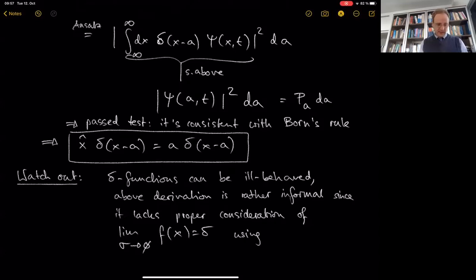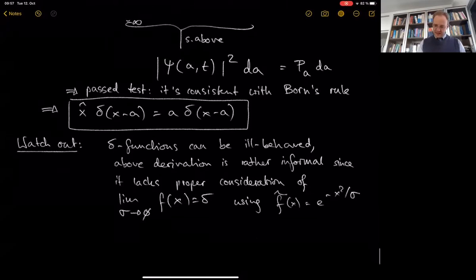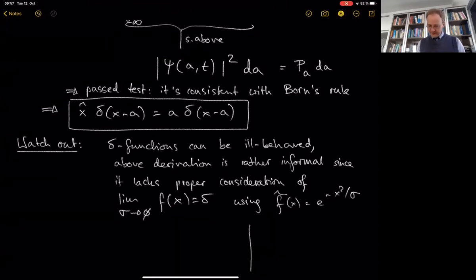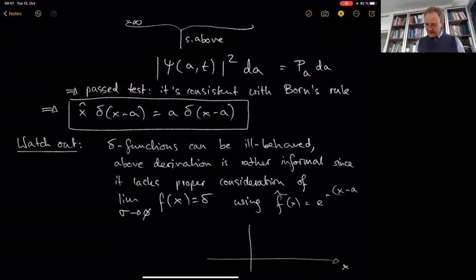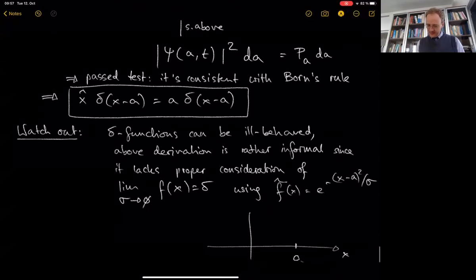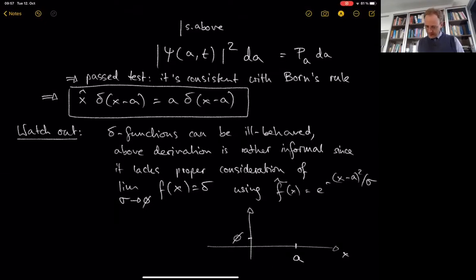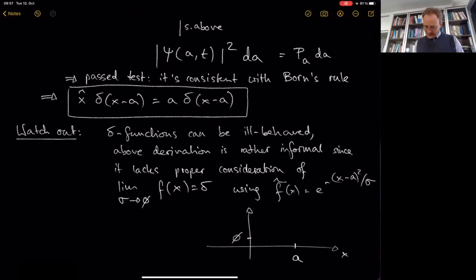Typically what's done is you use some Gaussian, some approximate f of x with some sigma width, and you look at this. We should use x minus a squared over sigma, and then at a, you would have a Gaussian.